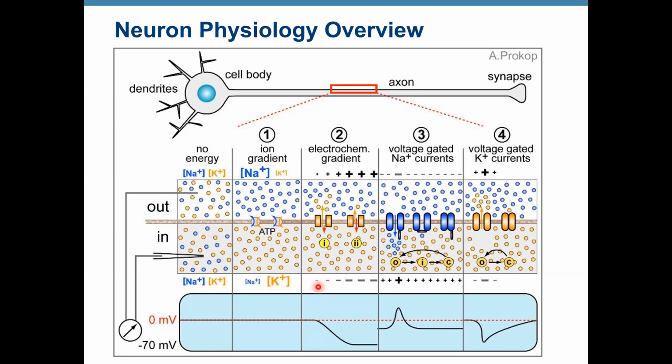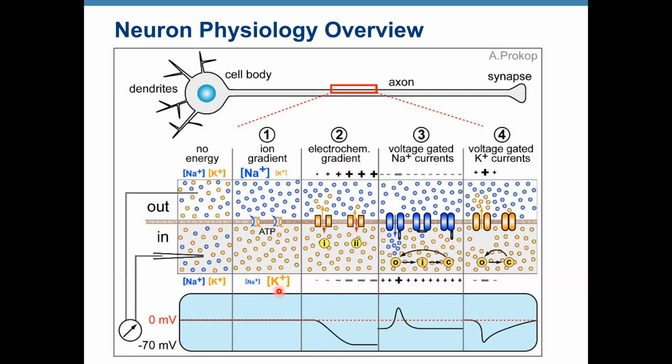So you see your cells became negative inside. And this is electrical gradient. But because this electrical gradient is not possible without chemical gradient, together it's called electrochemical gradient. So the cell slowly becomes more negative inside and more positive outside.